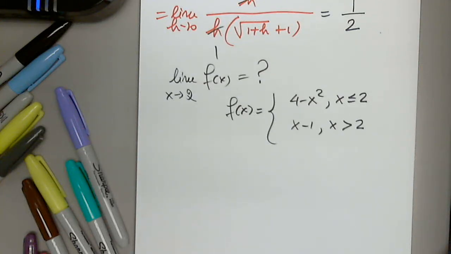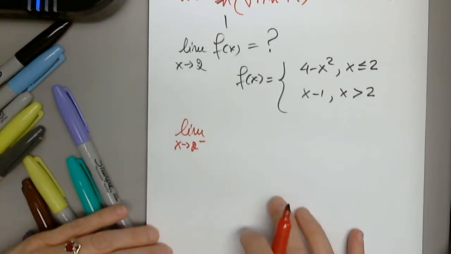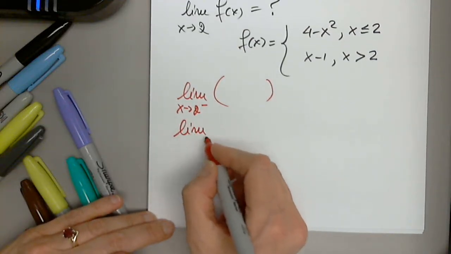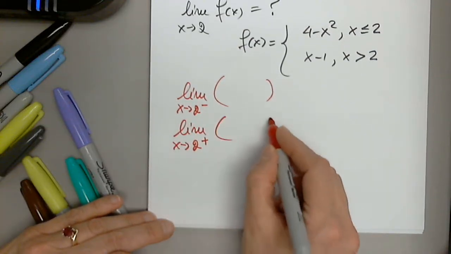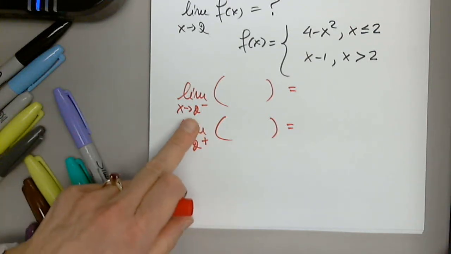Very good. So let's find the limit as x approaches 2 from the left, and you'll tell me of which expression, and the limit as x approaches 2 from the right, and you will tell me from which expression. So from 2 from the left.